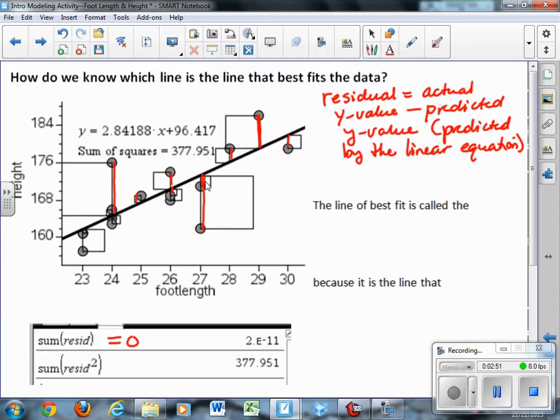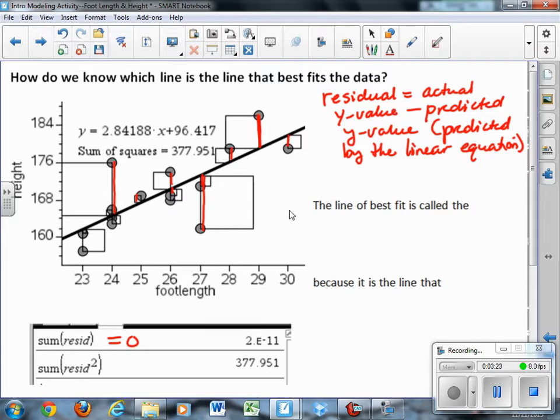So instead, I do the sum of the residuals squared. I square all of these residuals, making them positive, which also serves to emphasize the bigger residuals and make them stand out more as outliers. So that's what these little squares are. This comes from your calculator. You can actually find the residuals and the residuals squared on the calculator. All of these little square areas are added up and we get a particular number.